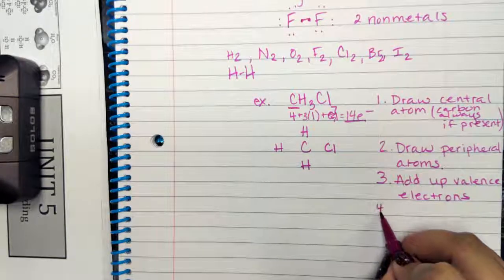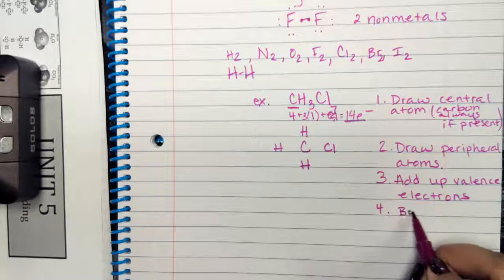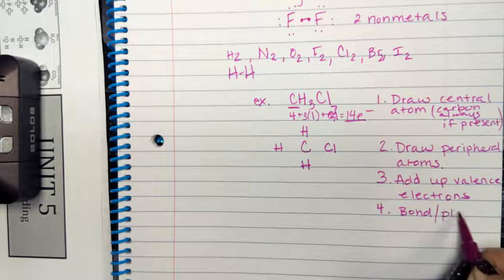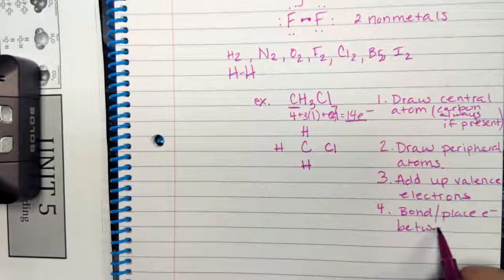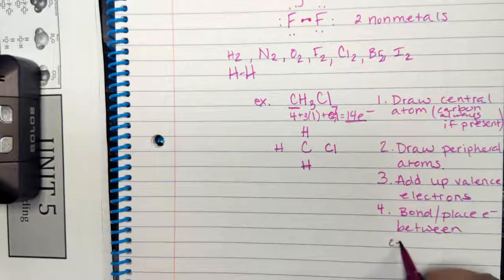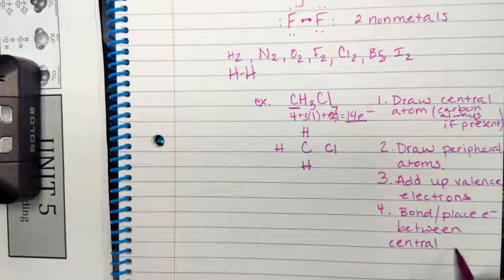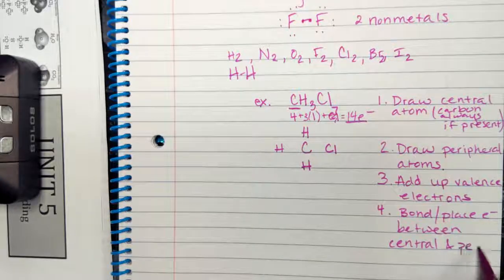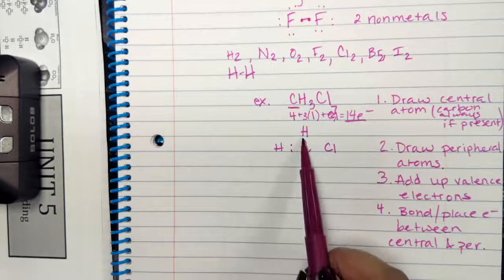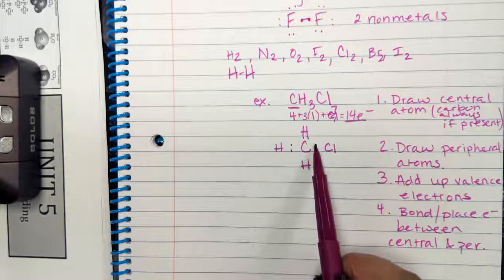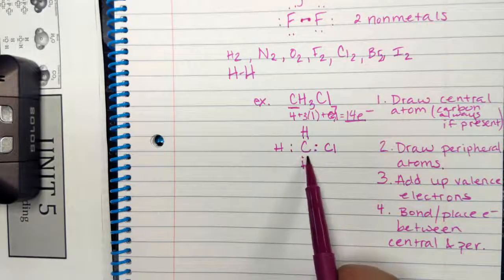Alright, so next we are going to bond, or place electrons, between our central and peripheral atoms. That means we are going to put 2 electrons here, 2 electrons here, 2 electrons here, and 2 electrons here.